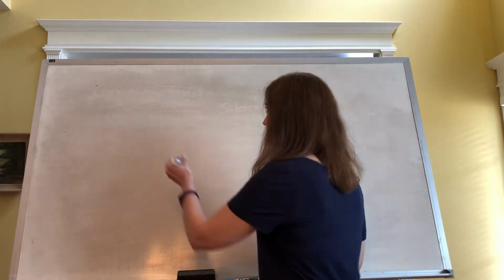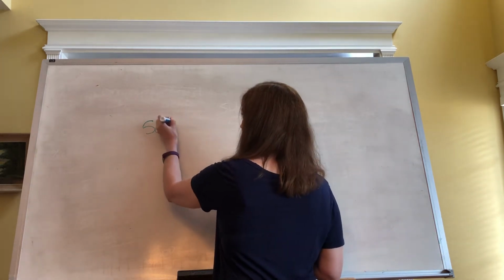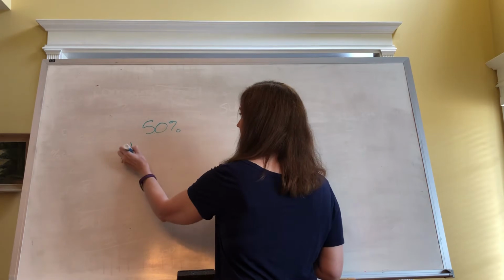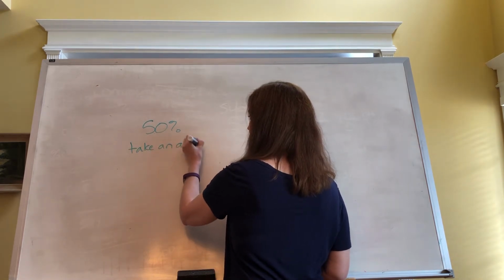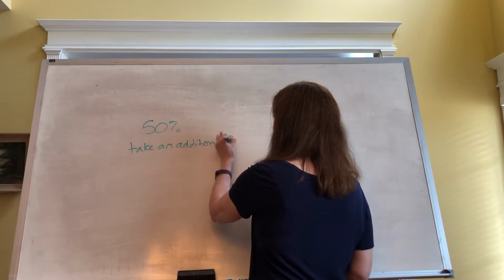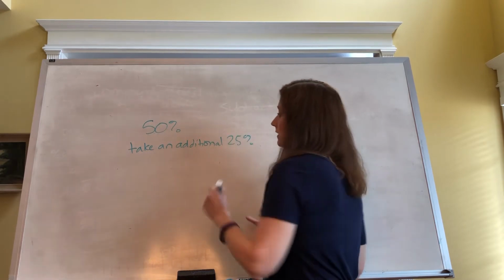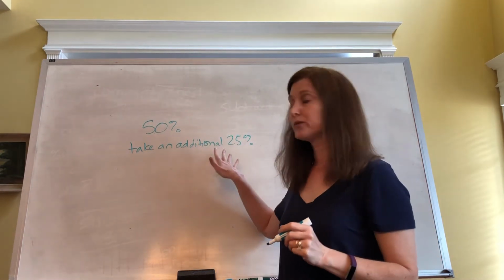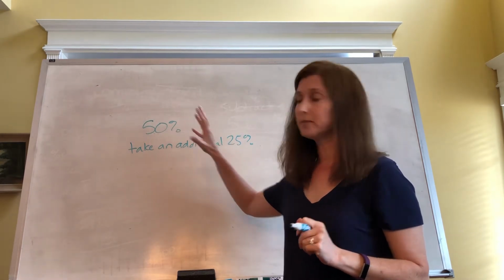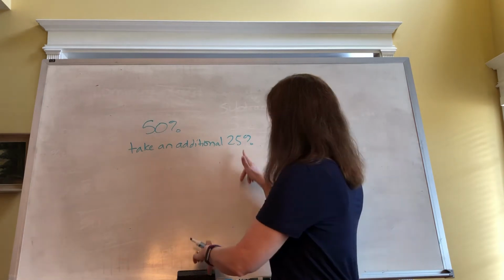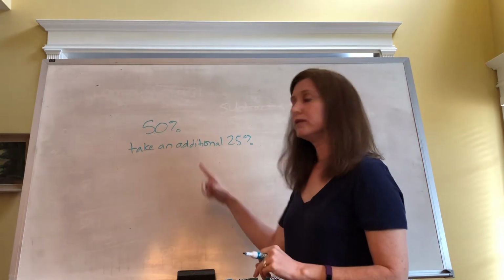That doesn't mean, like if the first percent was 50% off, and then it said take an additional 25% off, that does not mean take 75% off of the original amount of that item. You take the 25% off of the new amount.